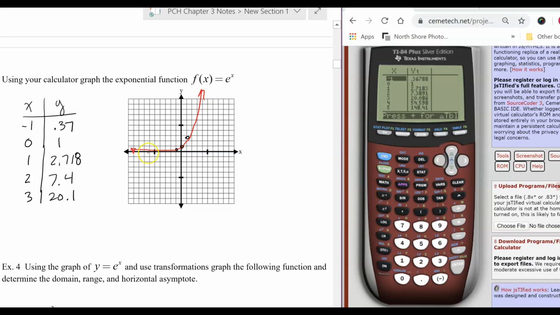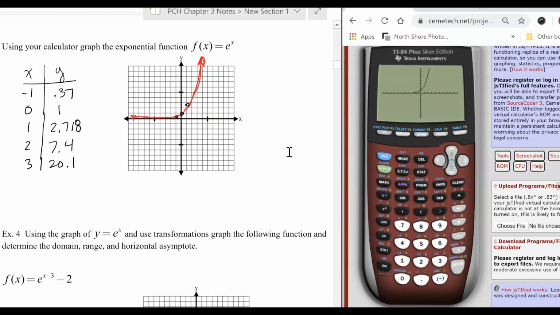So there's a rough sketch. We'll just pretend that it goes through all those points. Alright, so there's what e to the x looks like, and we can take a look at the graph here as well. So it matches ours. Over here it's approaching the x-axis. Those values are getting very small very quickly.